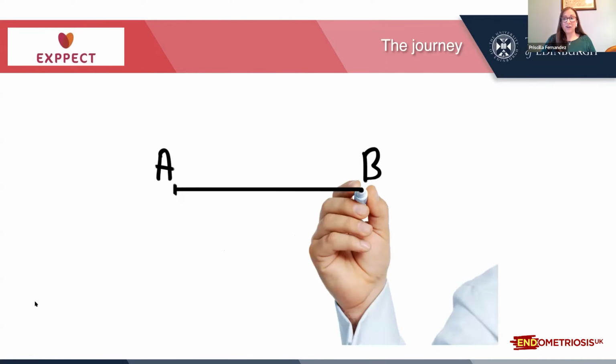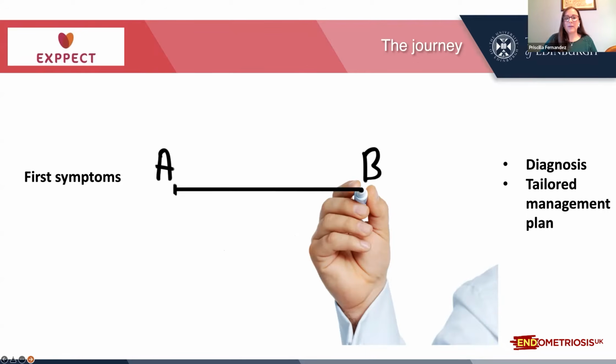So ideally, obviously, a journey is from A to B. You want it to be short, you want it to be efficient, and you also want it to be very straightforward. And if you have symptoms of endometriosis, what you want it to look like is, from first symptoms, very quickly you obtain a diagnosis and a tailored management plan, which is really beneficial to you and how it can help you with the management of those symptoms.